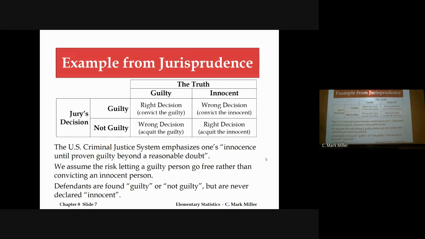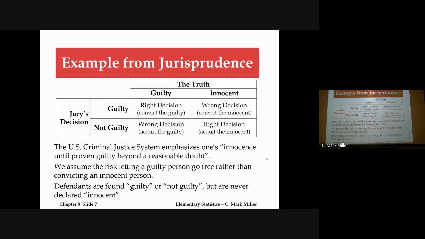And this is going to be the setup for our hypothesis test. We're going to walk in, there's going to be a claim about a population parameter, and we're going to walk in with one particular thing assumed correct. And we're going to see if there's enough evidence to reject that assumption of innocence, so to speak.